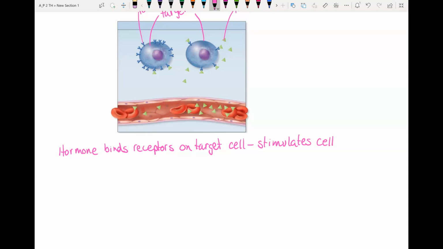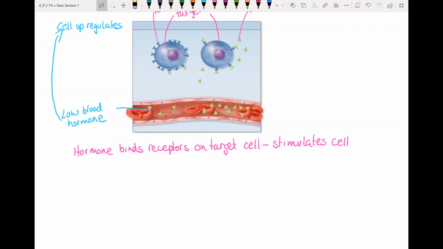So you can have different amounts of hormone and different amounts of receptor. So on the left here, we have a low hormone level. When blood hormone level is low, that will cause the cell to upregulate. So it's the low hormone level that causes the upregulation. So this means that the cell will have lots of receptors.